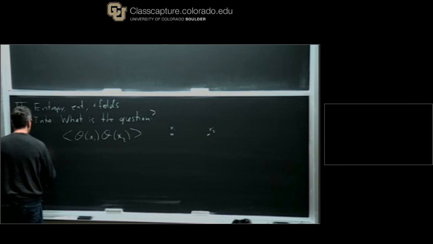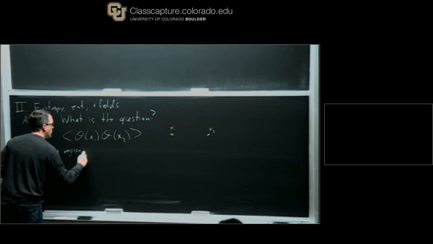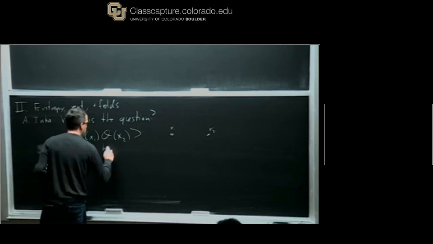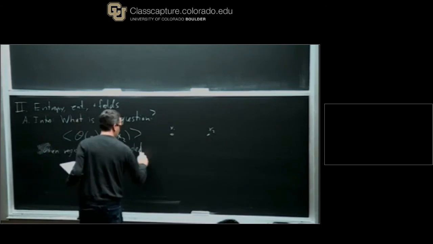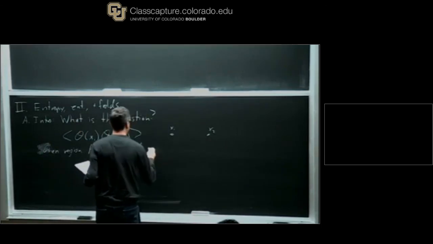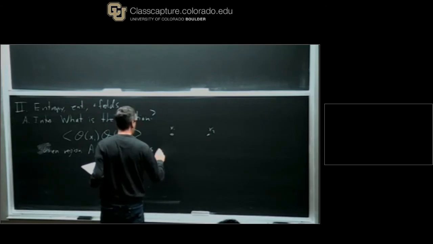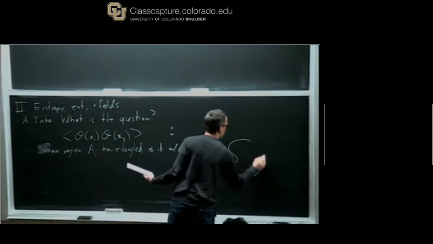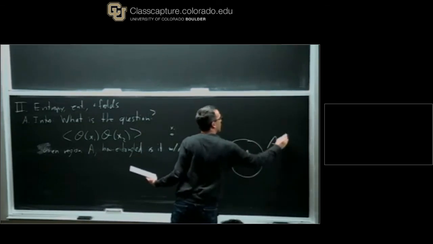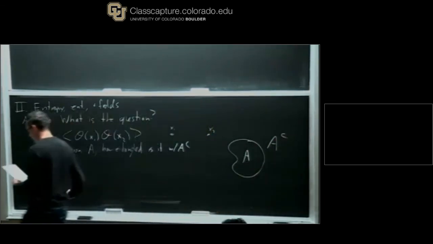So the question is, given a region, how entangled is it with its complement? So I have some region A, and then all the rest of space.